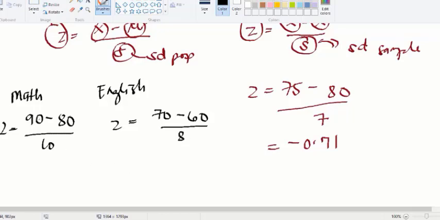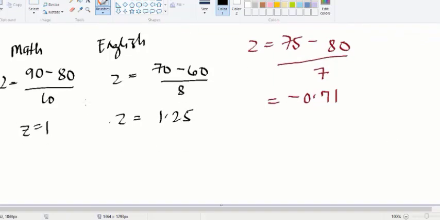Okay. So, 90 minus 80 is 10. 10 over 10 is equal to 1. Ito naman, 70 minus 60 is 10. 10 over 8, let me use my calculator, 1.25. Sorry, bakit ako nagka-negative? Okay, 1.25 lang pala guys.